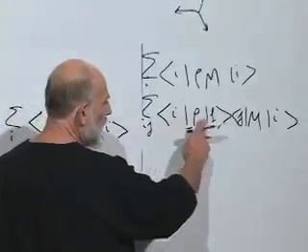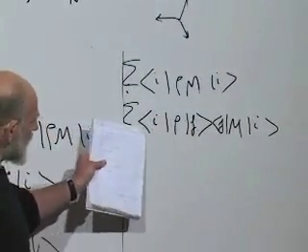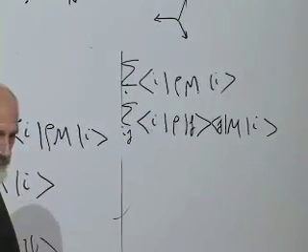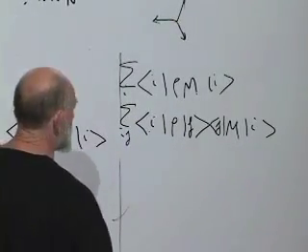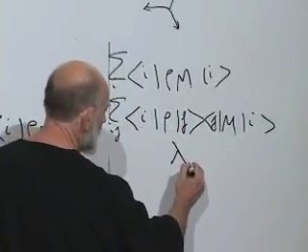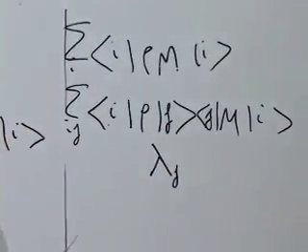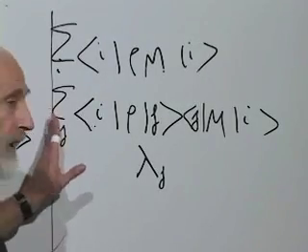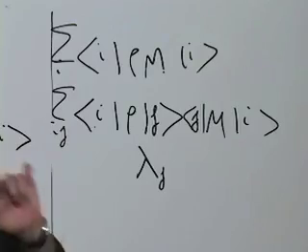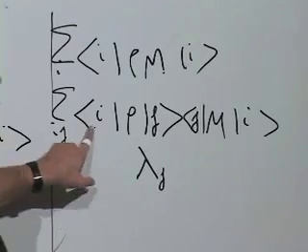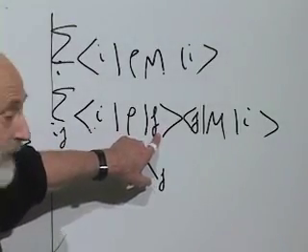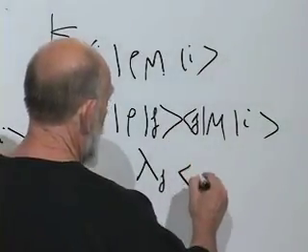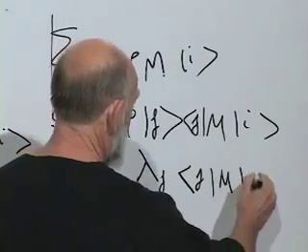Okay, but since rho is diagonal, this object here only has a matrix element if i is equal to j, and then the matrix element is just lambda j, the eigenvalue. So the sum over i and j becomes a sum only over one of them, and let's take it to be j, because i has to equal j, because rho is diagonal. And then we have <j|m|j>.